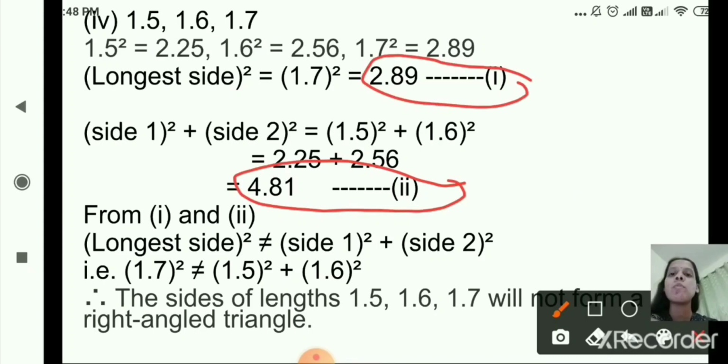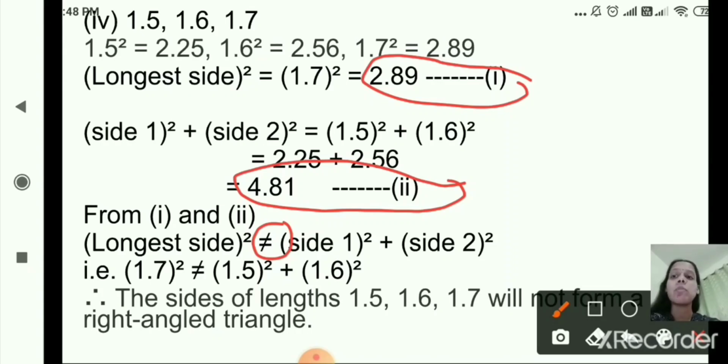Then from 1 and 2, longest side square is not equal to side 1 square plus side 2 square. Why is it not equal? Because longest side square is 2.89, and side 1 square plus side 2 square is 4.81. So these two are not equal.